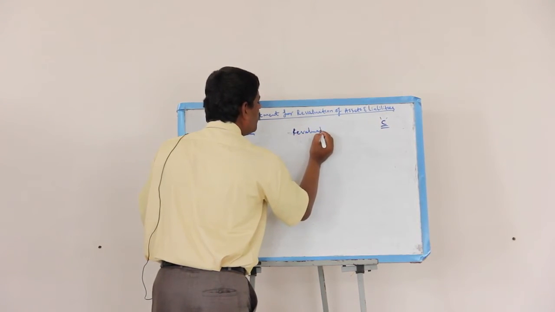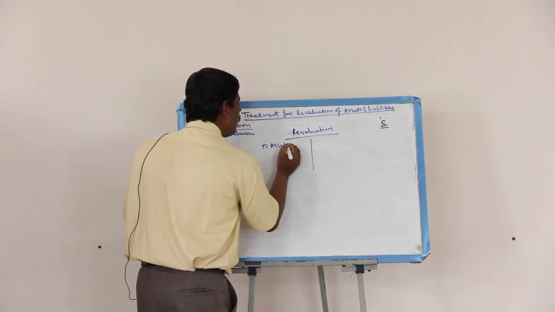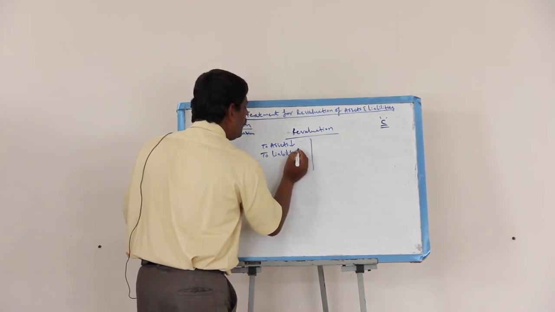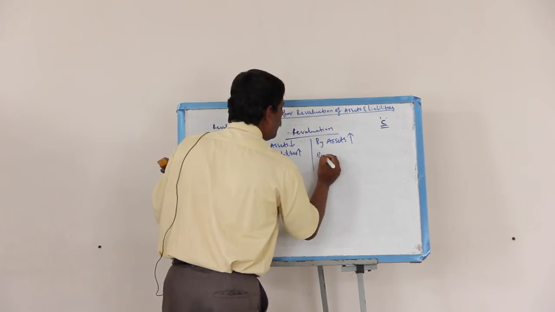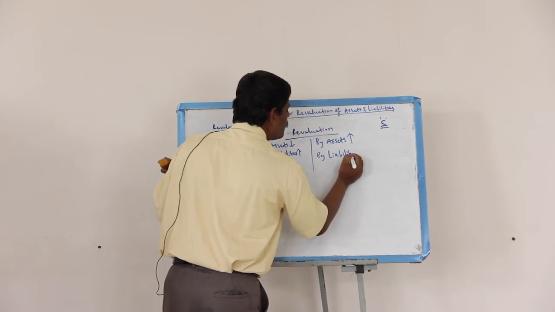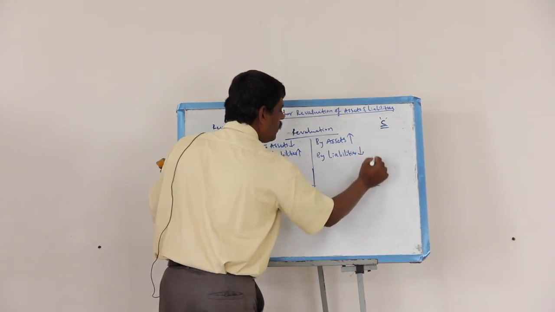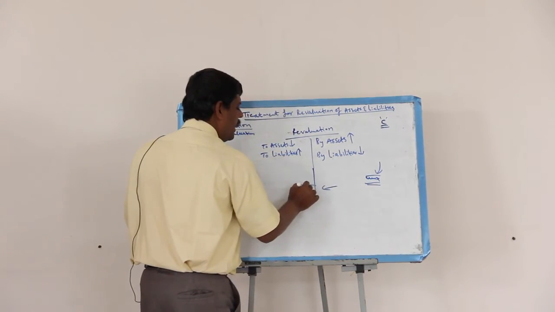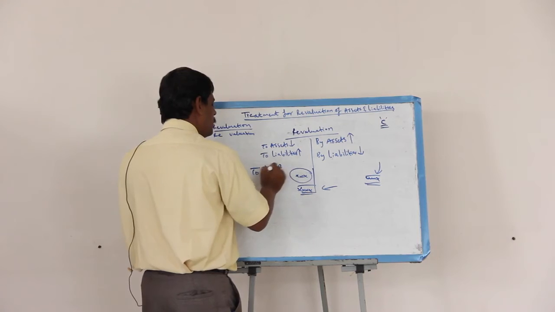Revaluation account we do for accounting treatment. Whatever assets get reduced, liabilities increased, assets increased, liabilities decreased, and so if this total is more than that total you are bringing here, and the profit is coming here, this goes to A's capital account and B's capital account at their old ratio.